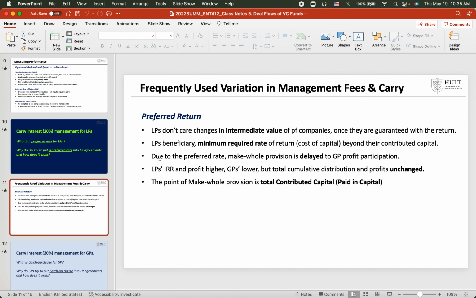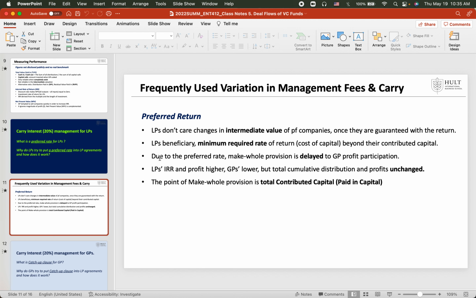The increase in the value or stock price of the company is not very reliable, right? So from this preferred return, the investors, the LPs, can be guaranteed this return. This is the LP's beneficiary minimum required rate of return, right?